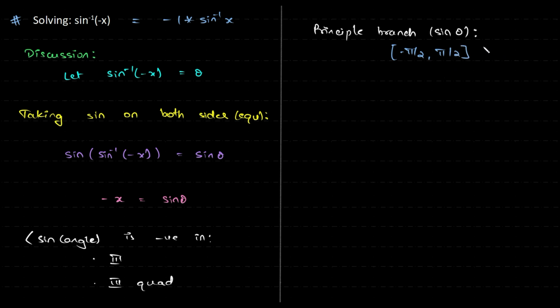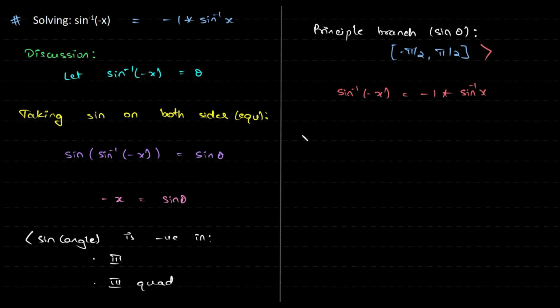So with all of this in mind, what can I tell? I can tell that sine inverse of minus x has to be equal to minus 1 times sine inverse of x. Okay, so keeping all of this in mind, we can come to this conclusion.